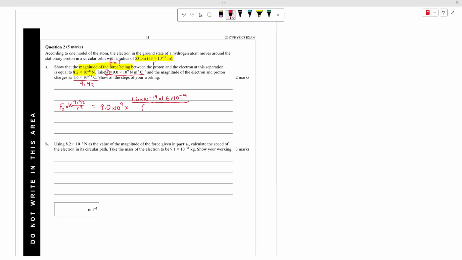And on the bottom, we've got to square their separation distance. So 53 times 10 to the negative 12 squared. Okay, so if you type that on your calculator, let's see what we get.